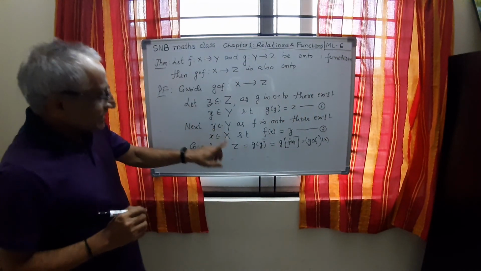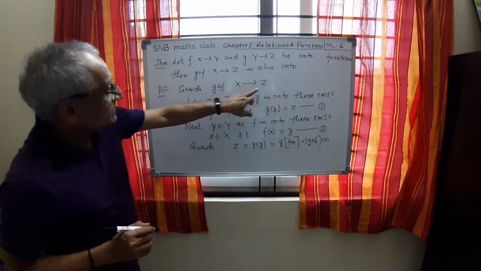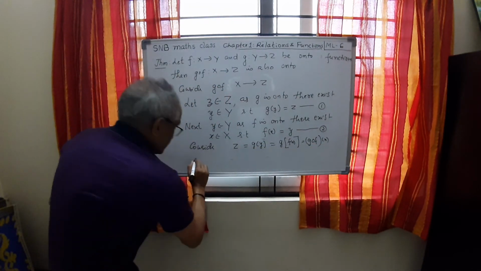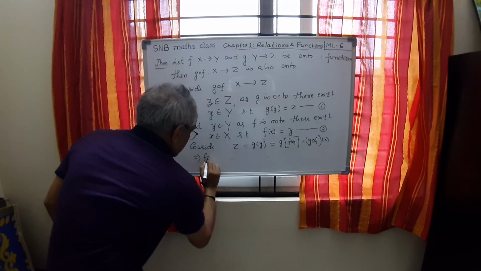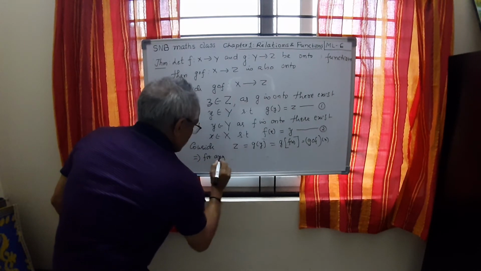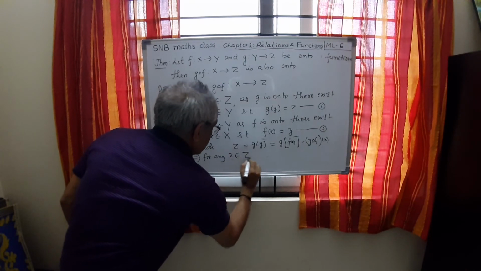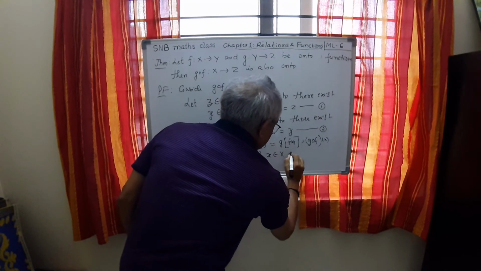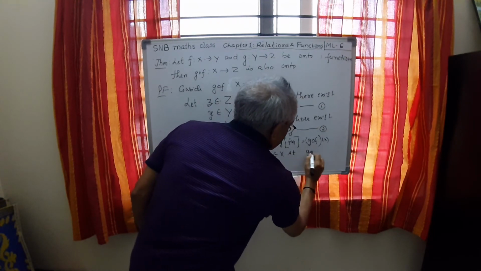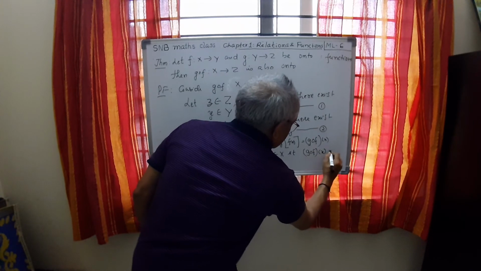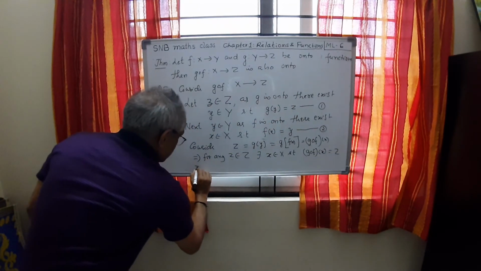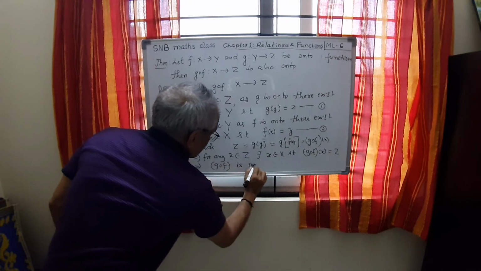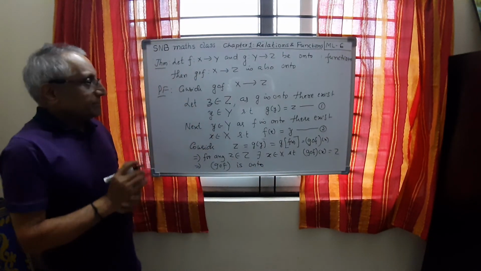Corresponding to every z in Z there exists x such that g of f of x equals z. This implies for any z belonging to Z, there exists x belonging to X such that g of f of x equals z. So this implies g o f is onto. So this is the method.